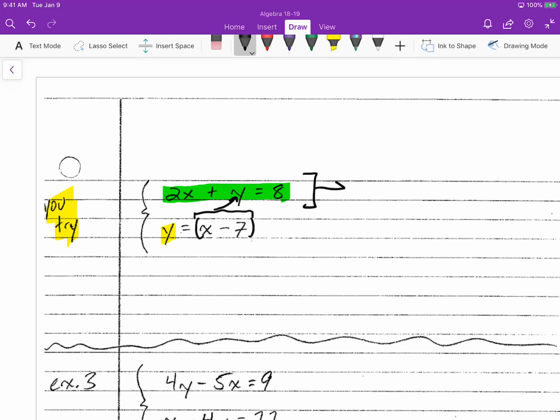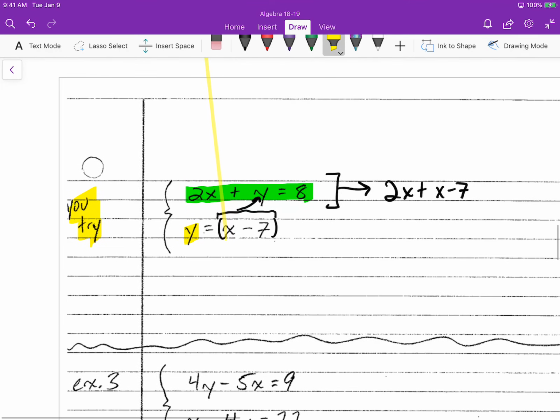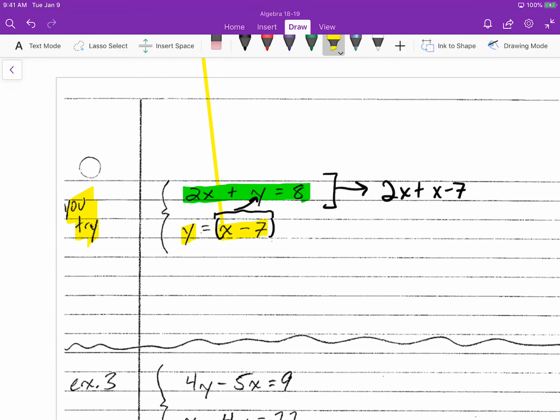So now up here I would write the 2x plus the y, but now we know y is equal to x minus 7. All right, so I swap this x minus 7 in for the y there, so there it is, and then all of that is equal to 8.